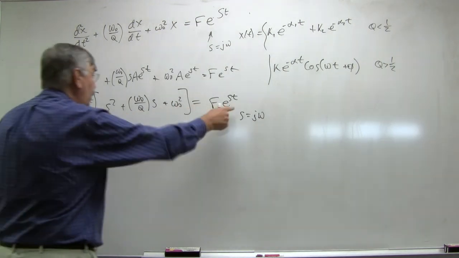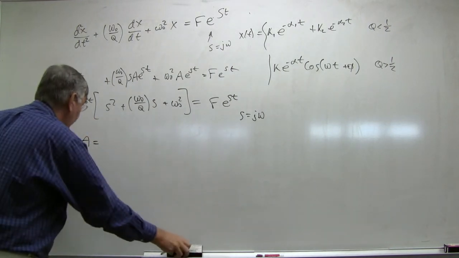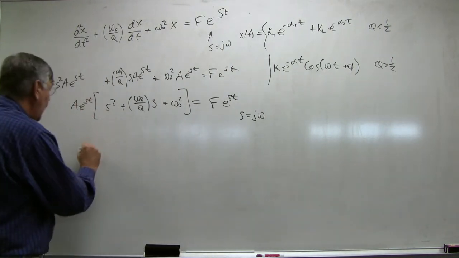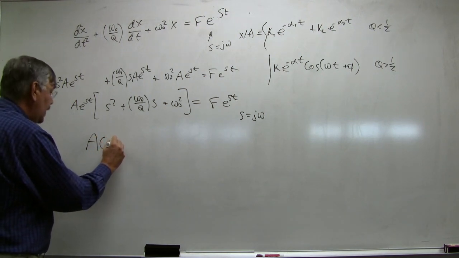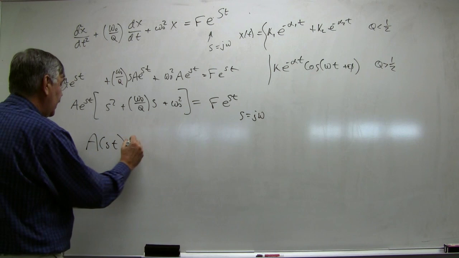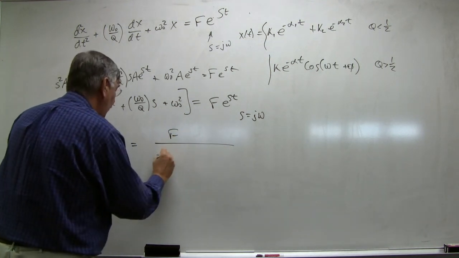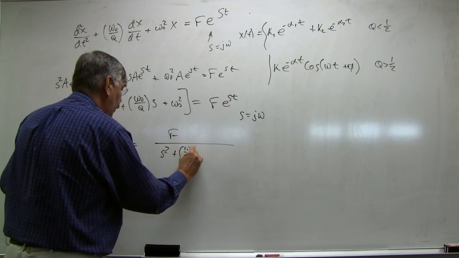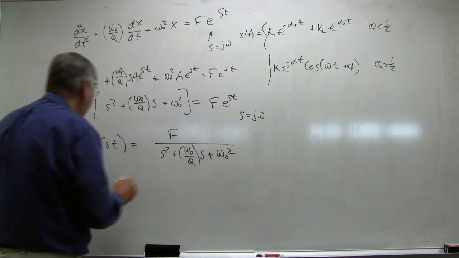First of all, we can get rid of all the e to the st terms, and it gives me the following formula. Let's write it kind of big. A as a function of s, which could have been j omega, is equal to f divided by s squared plus omega naught over q times s plus omega naught squared.